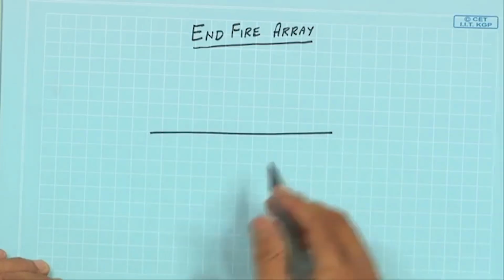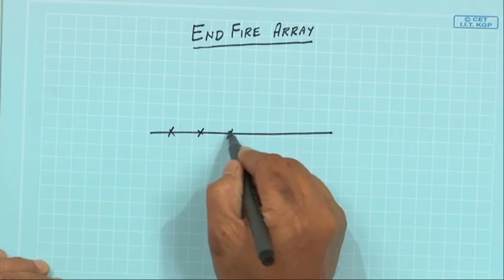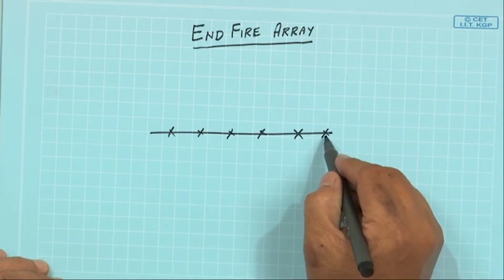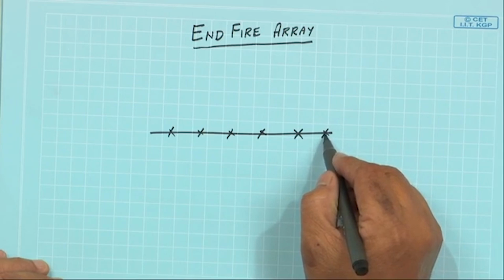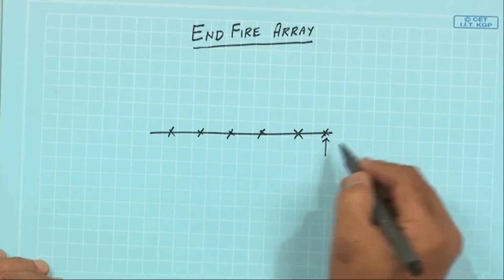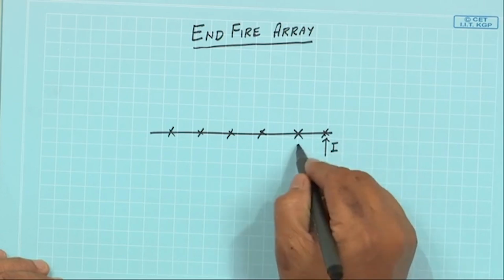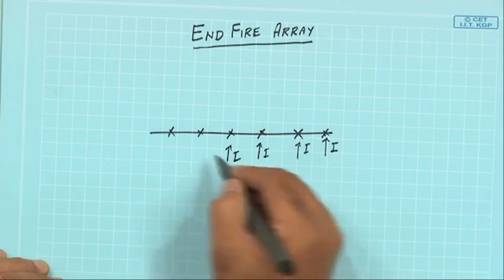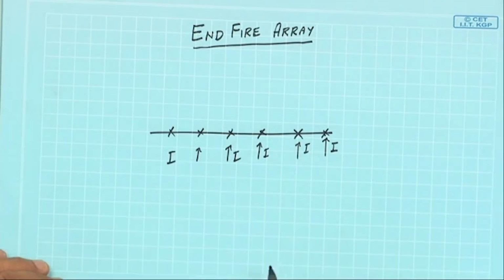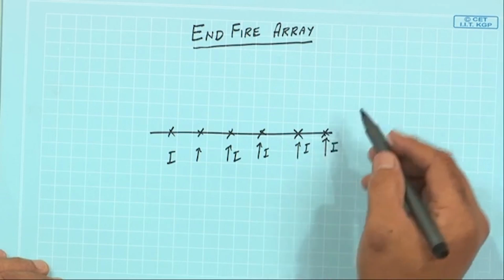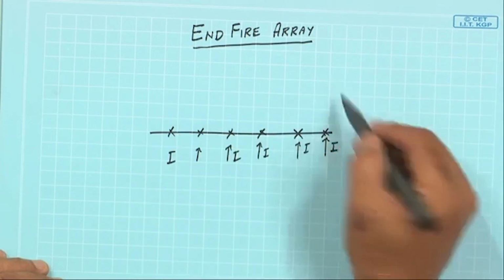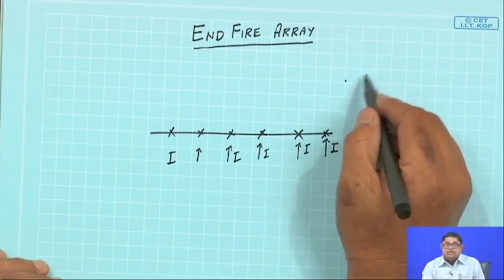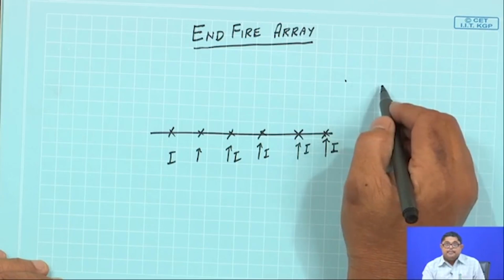Suppose this is an array axis and I have elements here. Suppose this is fed, so everyone is getting fed. Let us say this is I, this is I, this is I. Now, at any point in space, this I radiation will give me, we know, current into e to the power minus j k naught r by r.